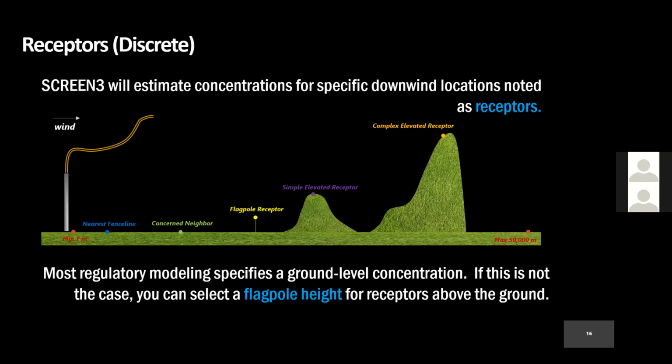The only difference here is this one in the middle that I've labeled flagpole receptor. So most regulatory modeling specifies a ground level concentration on the ground. If this is not the case, if you're interested in something above the ground, you can select a flagpole height for your receptors, and SCREEN3 will give you that concentration as well.